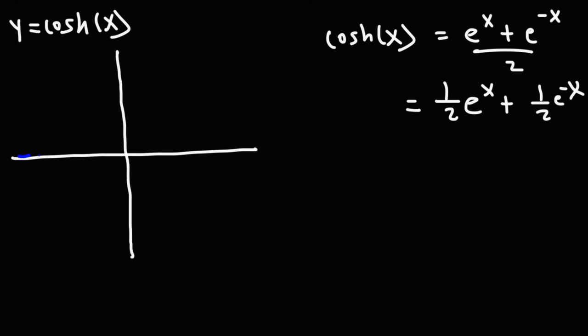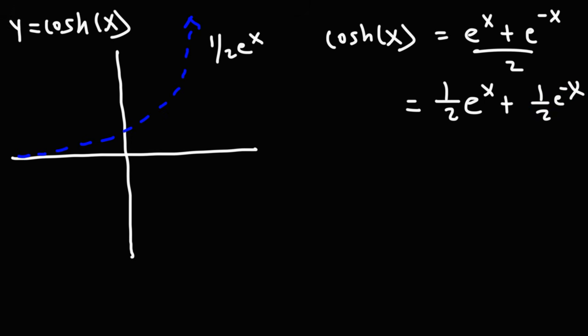Now we already know the shape of 1/2 e to the x. It's going to look like this. At least that's a rough sketch of it. Now 1/2 e to the negative x, we have a negative in front of x but not in front of y.